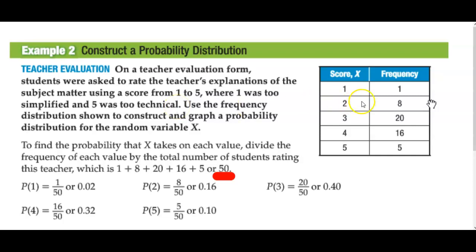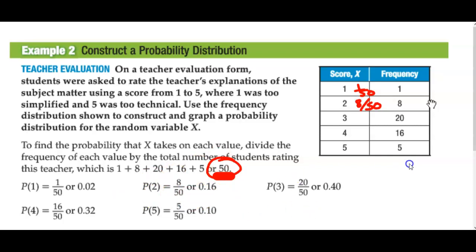One student gave a 1, a score of 2 was given by 8 students, a score of 3 was given by 20, and when we add all those up, there were 50 students who scored the teacher. So out of those 50 students, the probability of getting a 1 was 1 out of 50. The probability of getting a 2 was 8 out of 50, and the decimals are all down here.